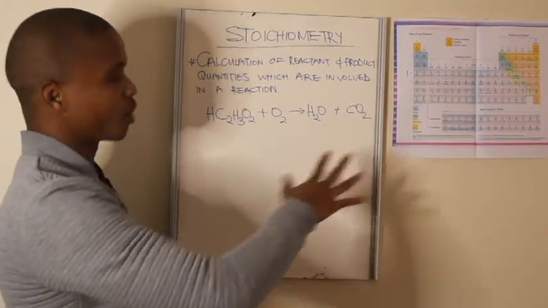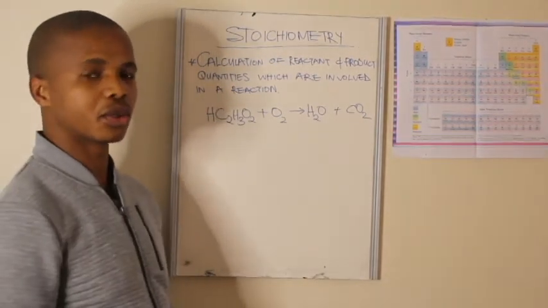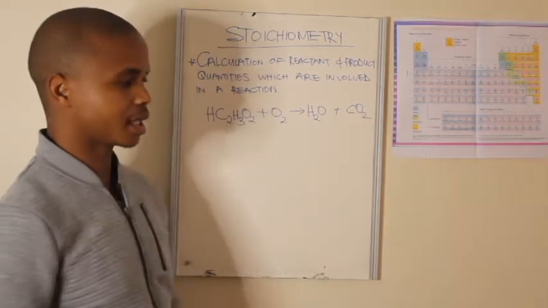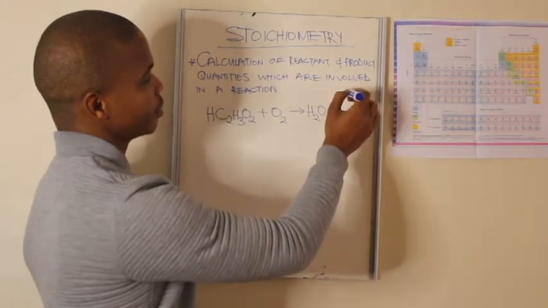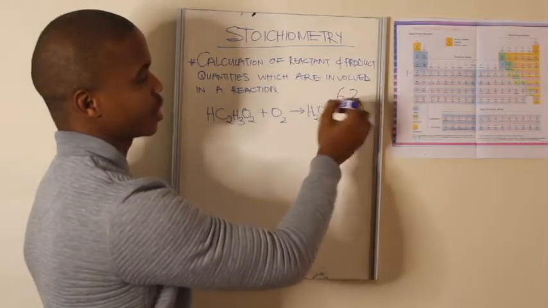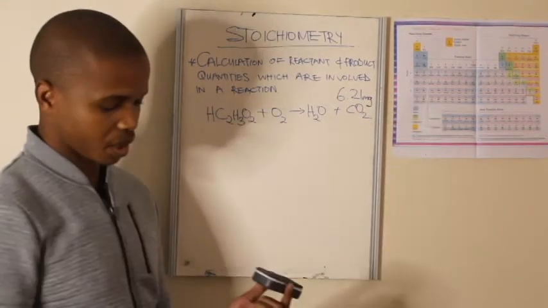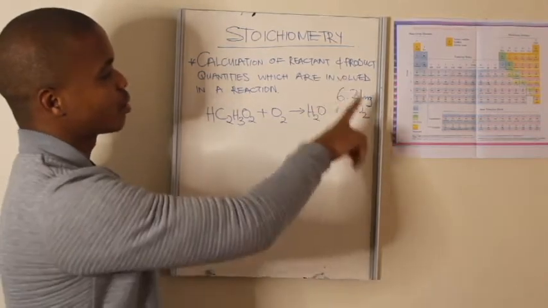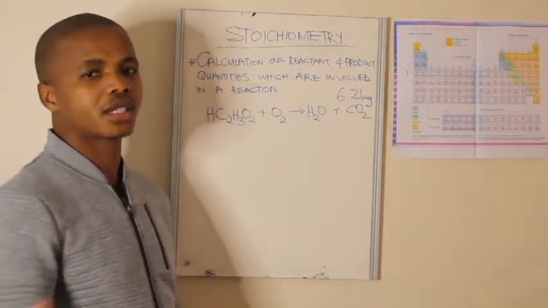So if you already know this and for some reason you want to produce carbon dioxide, let's say 6.21 milligrams of carbon dioxide, that's all you know.